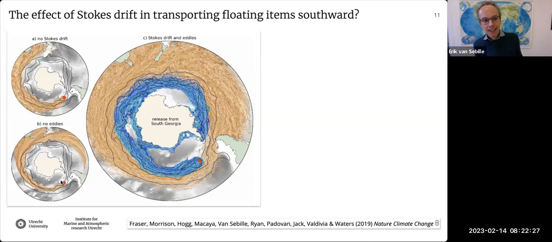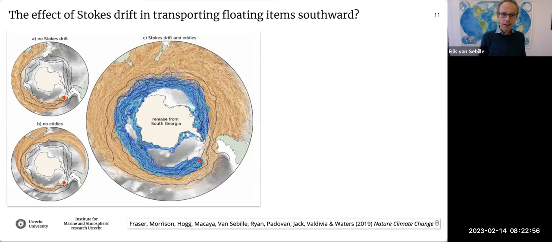So it's really the combination of an eddying ocean, 1/12 degree in this case, and additional Stokes drift from the winds, from the waves, that pushed particles sufficiently southward so that they could exit. And that could maybe explain why you can find a piece of kelp that normally grows over here on the beach on the Antarctic Peninsula.